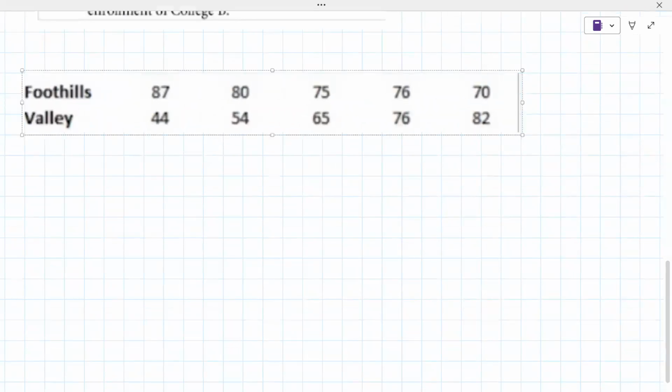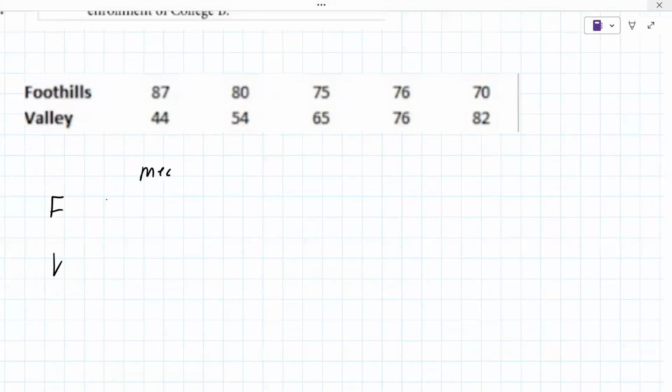And we'll just do that here for Foothills. So I want you to find, actually, let me shrink this, I'll put it up here. I'll just do F and V. We want to find the median, the mean, and the range.